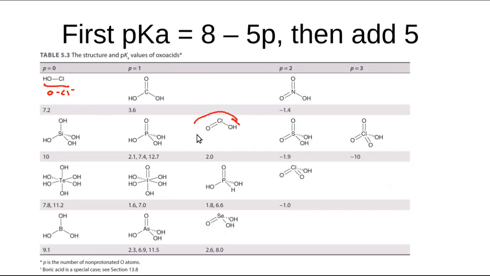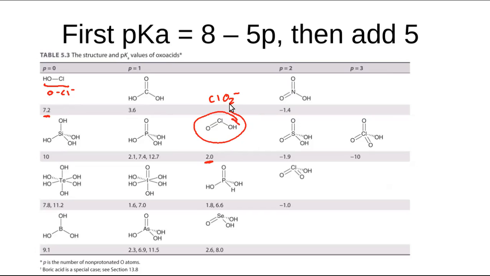Here is chlorine. So ClO2 minus. The acid is a stronger acid than the single oxygen acid. That means that the base here is a weaker base than the single oxygen base.